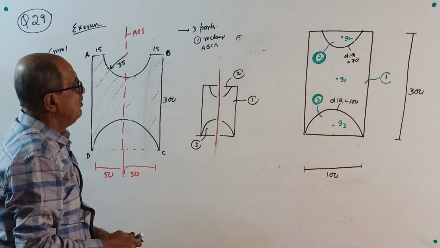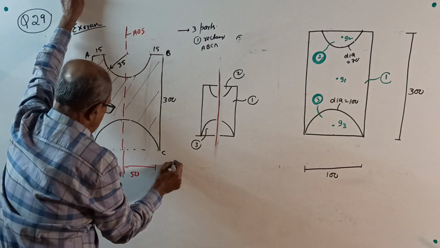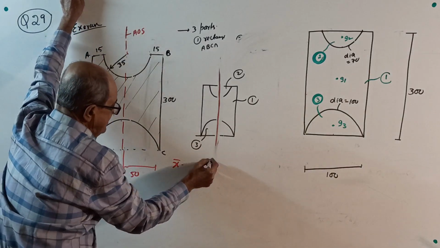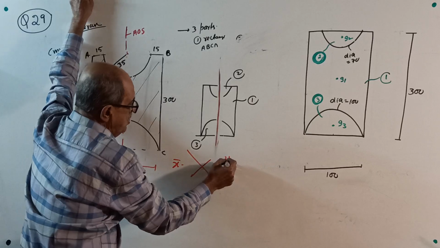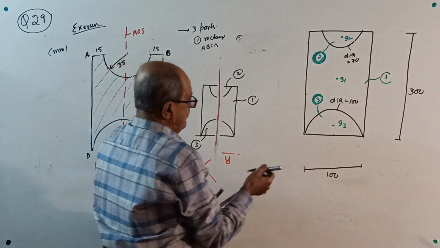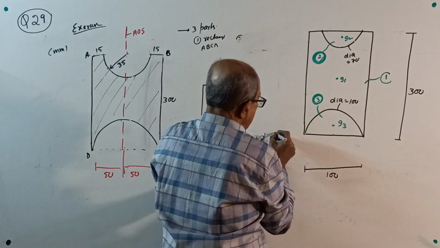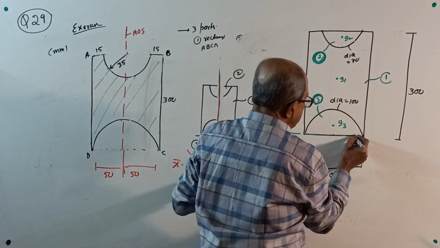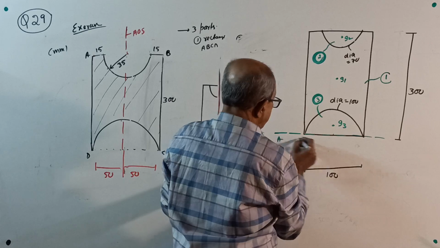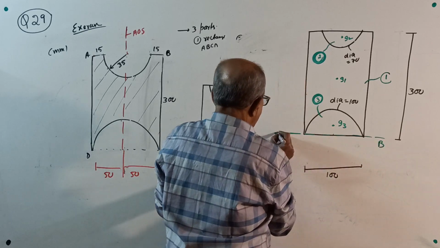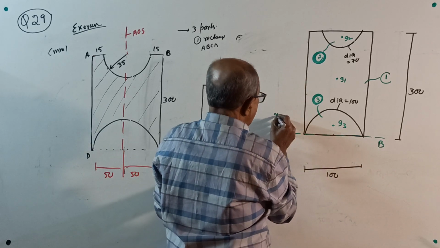So no need of calculating. Therefore, X bar is not required, only Y bar is required. Find Y bar from anywhere you want. Take reference axis AB, take Y this way, and find Y bar.